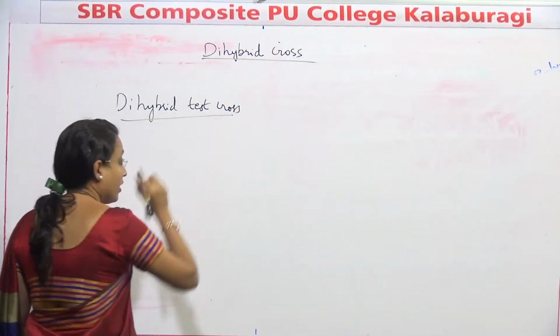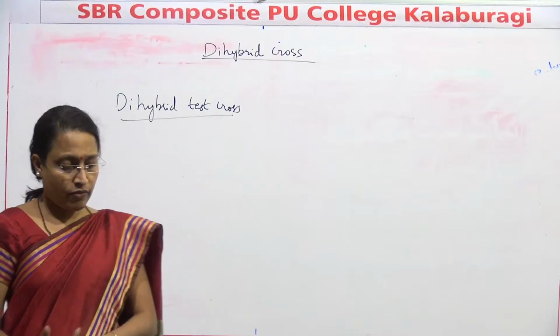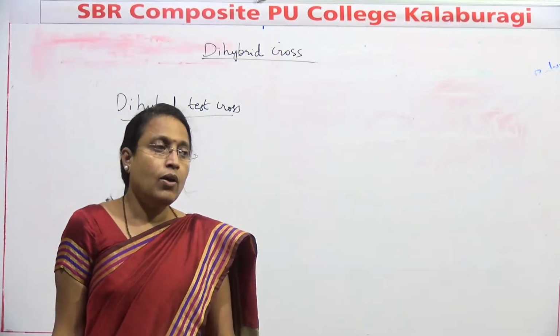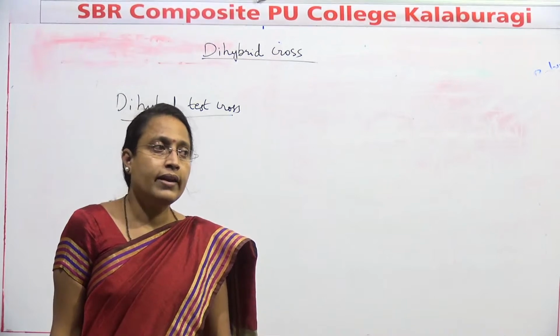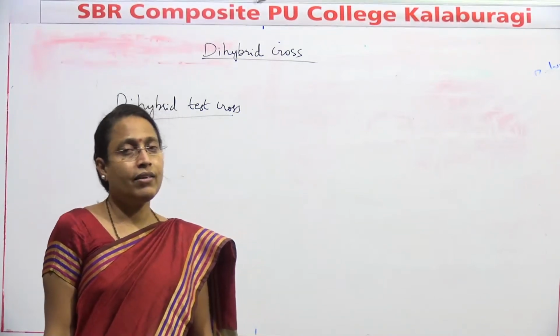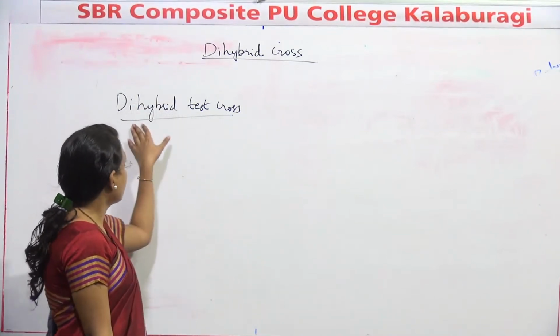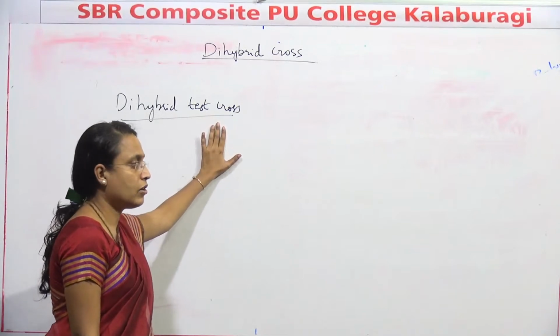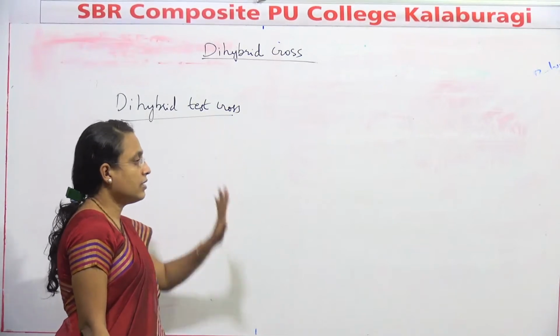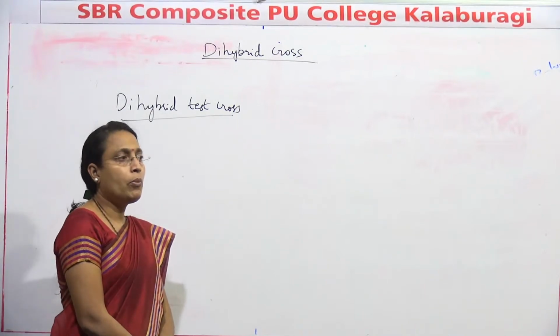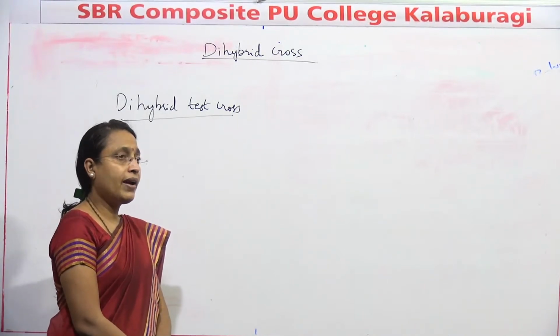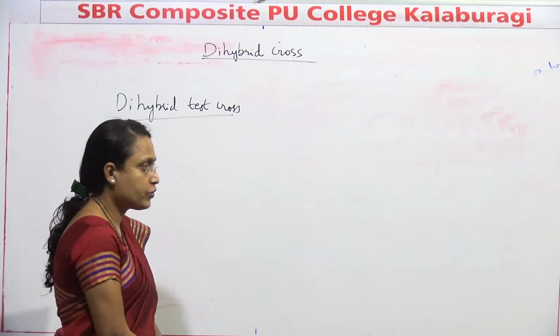One more point I want to tell you in the law of independent assortment is that one pair of traits will never affect the expression of another pair of traits. So here it is the dihybrid test cross. This test cross is performed in order to know the genotype of the F1 offspring.